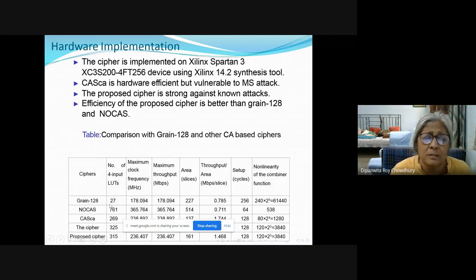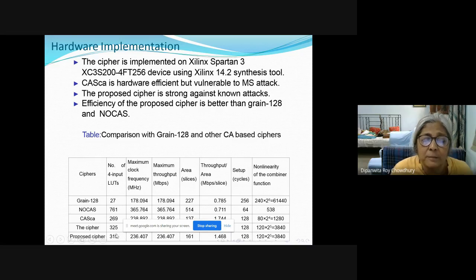These are the numbers of 4-input LUTs. Even for No Cache or this Casca, this is one version of the cipher, and it is similar.